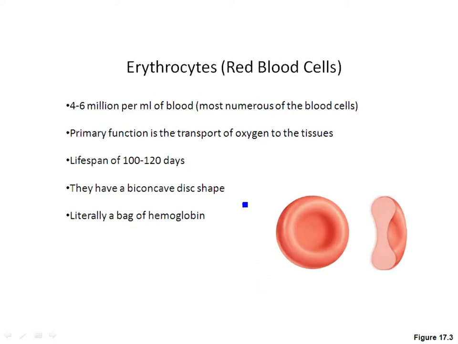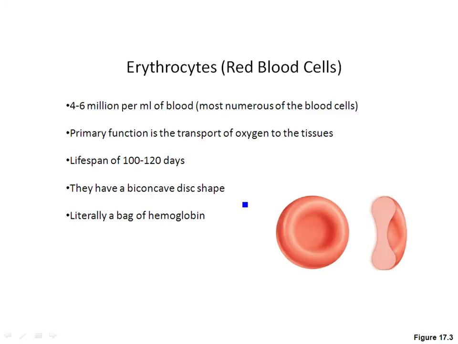But we're going to talk today mostly about erythrocytes and how everything works with those. If you take just a little milliliter of blood, you're going to have about 4 to 6 million erythrocytes, or red blood cells, in that one little milliliter of blood. They are the most numerous of all the blood cells.